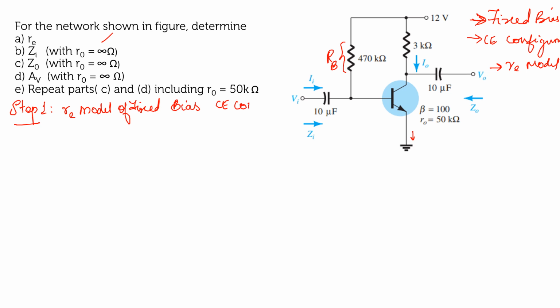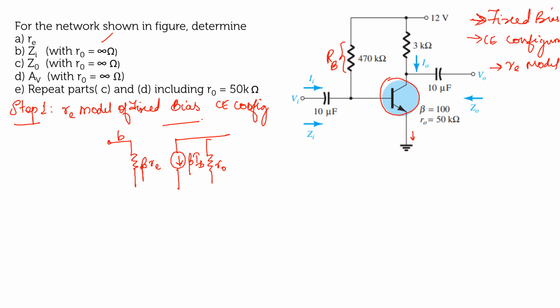If I draw the re equivalent model, I am going to replace this transistor by your re model. So how will it be replaced? Input is going to be your base. Across the input you will have beta into re, the input impedance effect, and across the output you will have beta into IB along with your resistance R0.